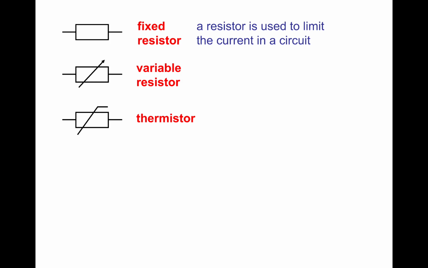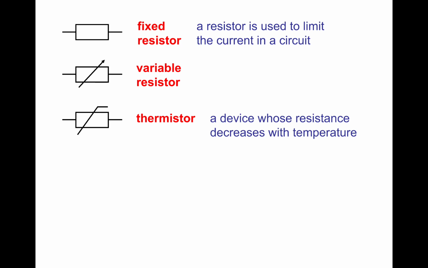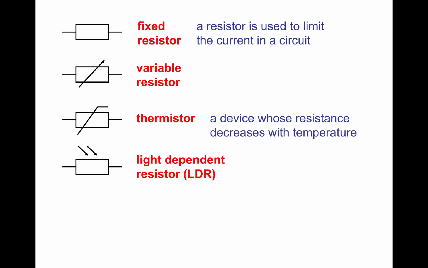This one's a thermistor. We're going to do thermistors later in the series of lessons. But a thermistor is a device whose resistance decreases with temperature. So the hotter it gets, the lower the resistance and the more current that can flow. This one's an LDR, light dependent resistor.